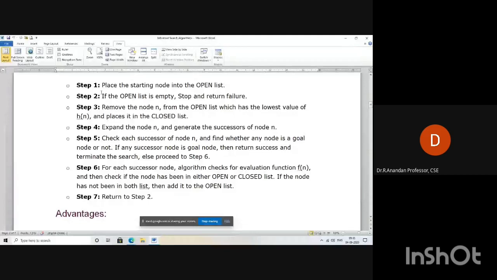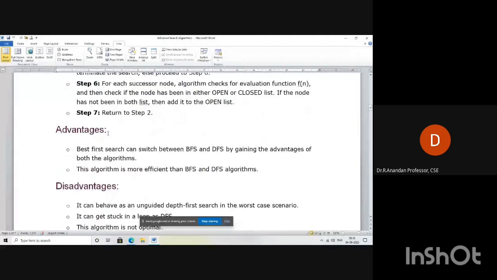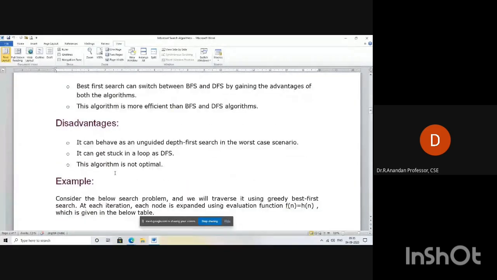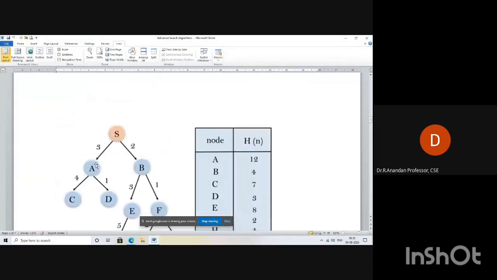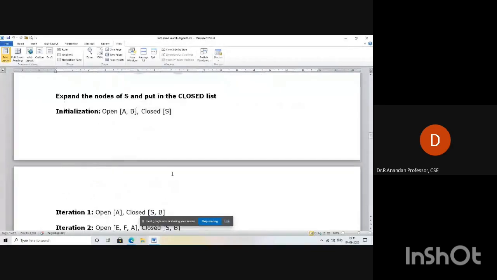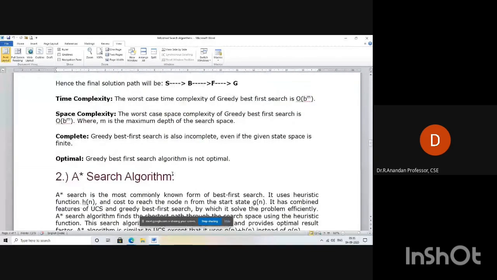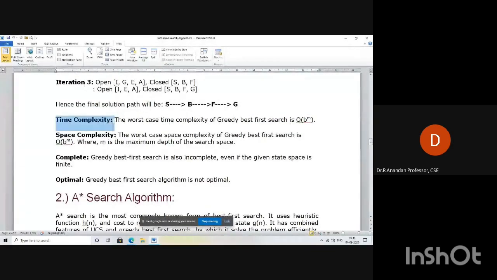Greedy best first search algorithm, advantages, disadvantages, example. In the example, you have to write this problem and explain it in detail. Then you have to write the time complexity, space complexity, completeness, and optimality of this particular algorithm.